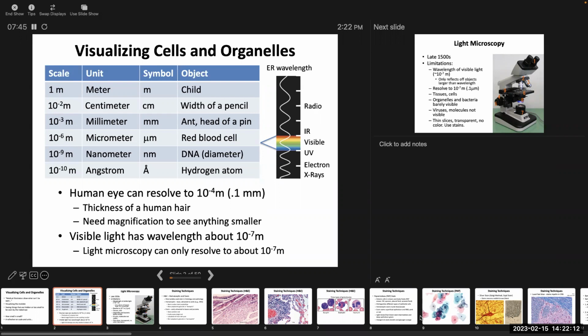Now, in addition to this chart that just shows these common units of measurement and how they relate to a meter, and some objects just for scale, the other thing I've included on this slide off to the right is an image showing the different wavelengths of different forms of electromagnetic radiation, abbreviated ER there.